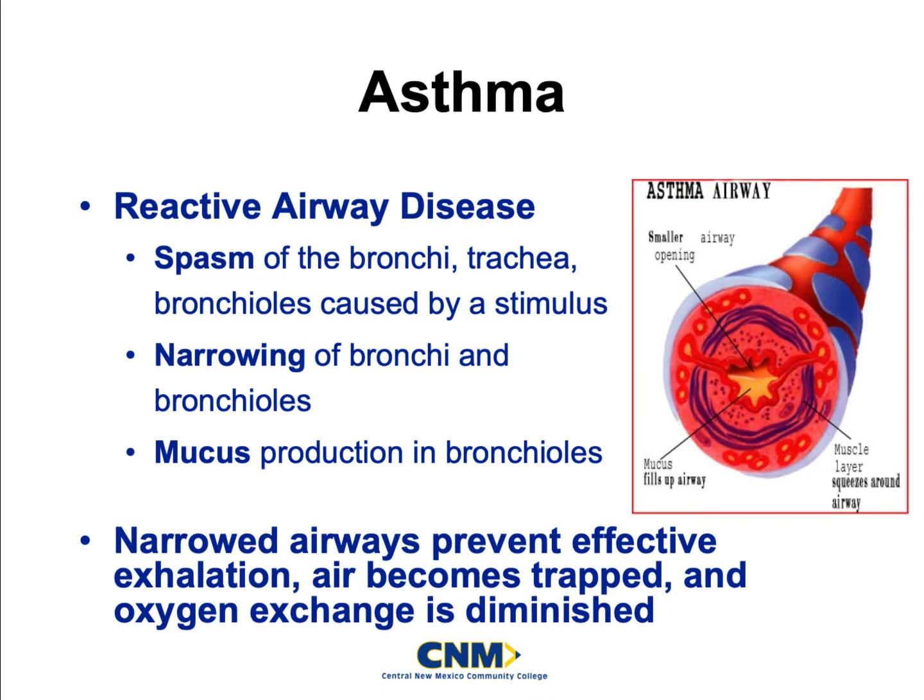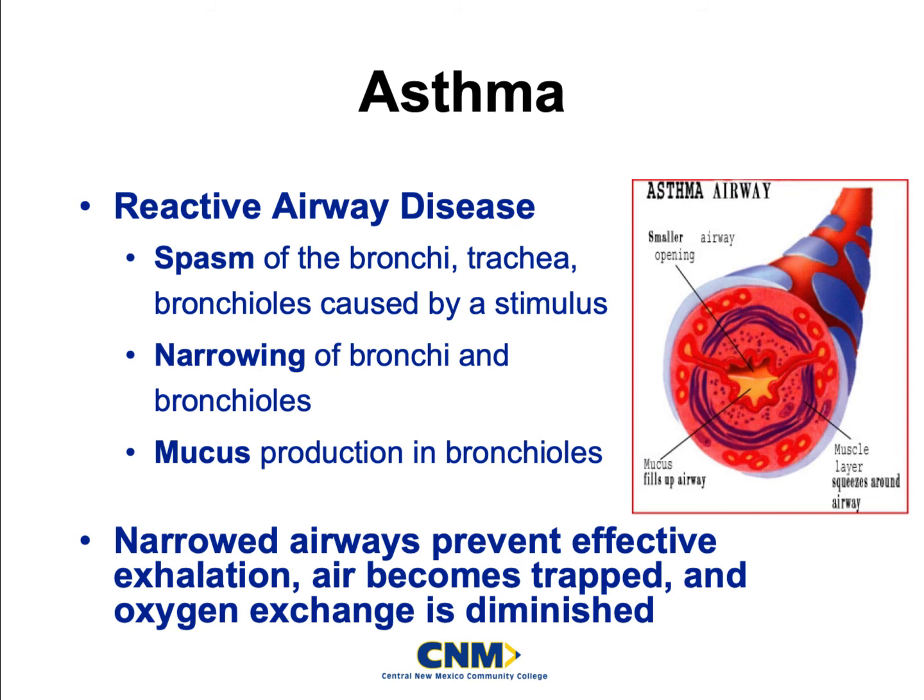So we call asthma a reactive airway disease, and that's exactly what it is. Our airway is reacting to something that our body does not like. It's an immunologic response, okay? It's basically a focused allergic reaction. So we could develop spasming, and specifically spasming of the bronchi or the trachea or the bronchioles, and it's all caused by some kind of outside stimulus.